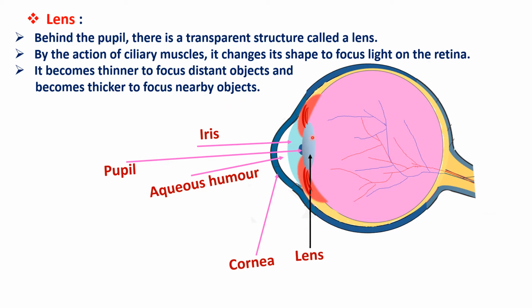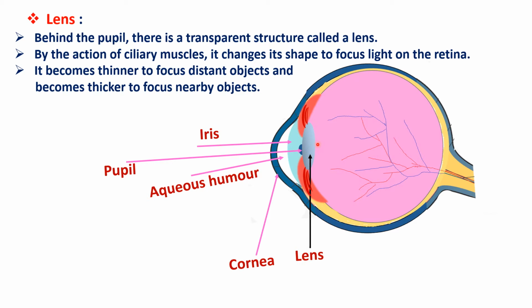That means the size of the eye lens changes with respect to the position of the object in front of it, so that it always forms the image of the object on the retina here. So the image distance is the same.